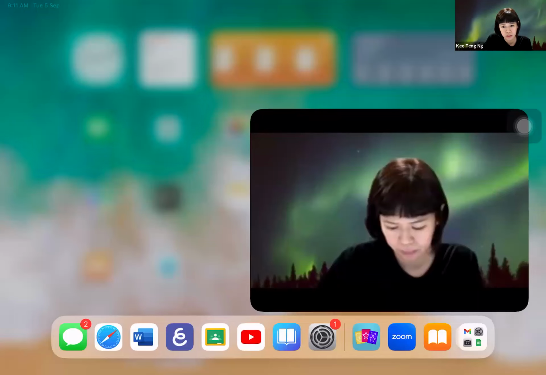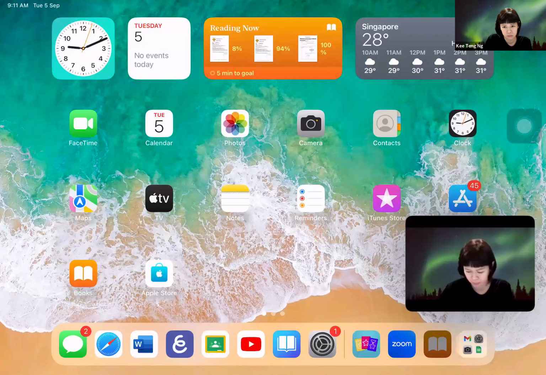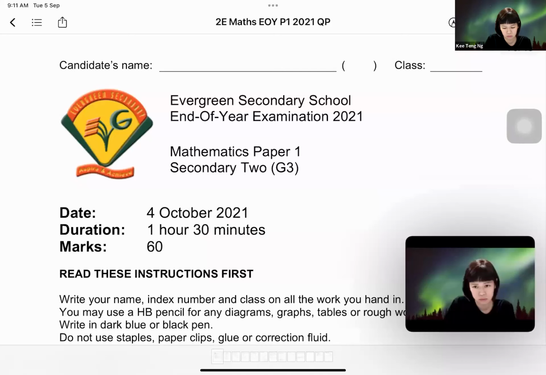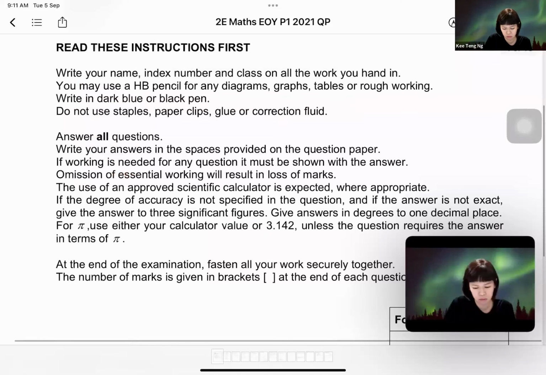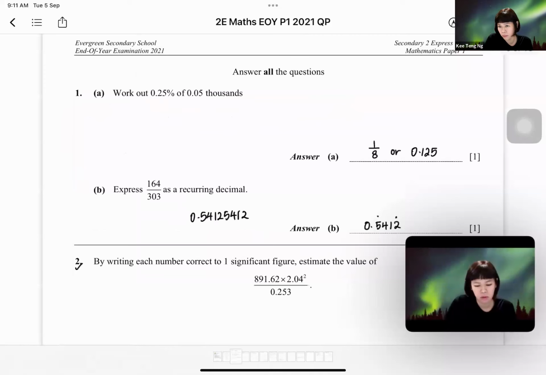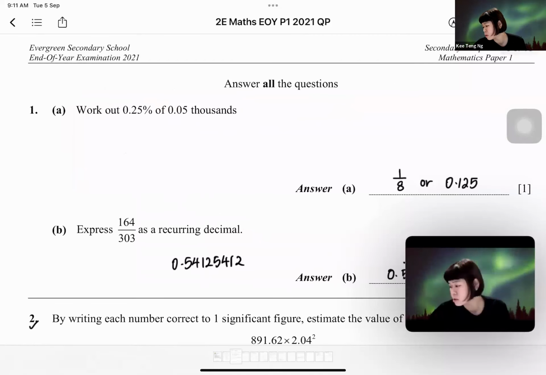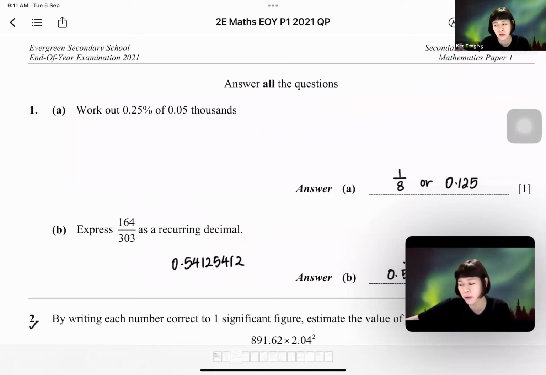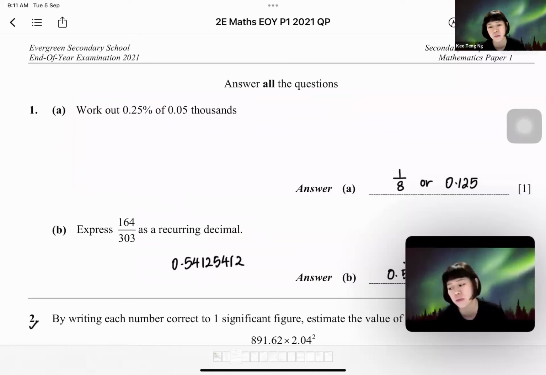Are you able to see? Wait, hang on a bit. Okay, 2021 paper 1. Have you all gotten your 2021 paper 1 ready? If you are ready, then give me a thumbs up, then I can begin. If not, then I'll wait a while more for you all to get your paper.